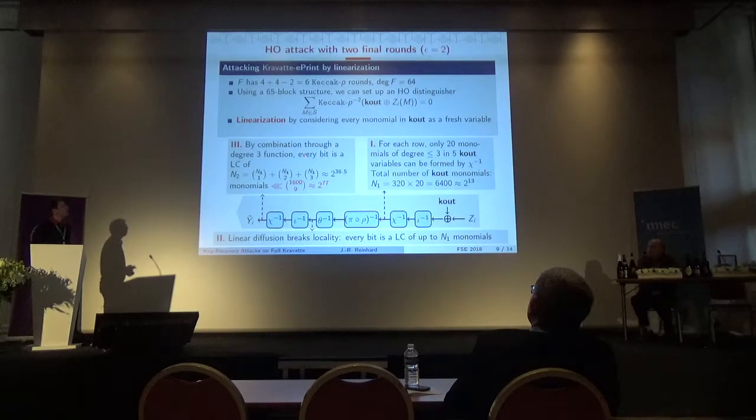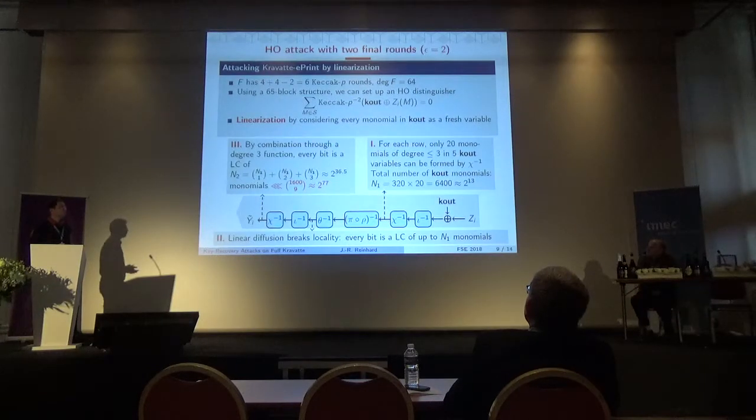We are going to express the inversion of K out and the output algebraically, write down this algebraic equation, and solve it by linearization. All the monomials that appear in these expressions will be considered as fresh variables, and we solve the resulting linear systems.